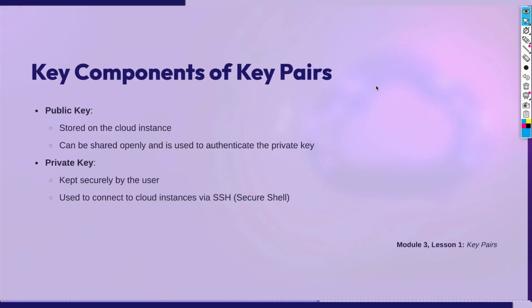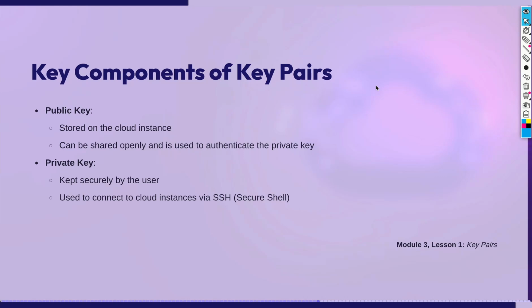Your public key is stored on the cloud instance. The purpose of it is it's used to authenticate the corresponding private key. And you can freely share this without compromising security, all right? Then your private key. Now, your private key is kept secure and secret on your local machine, and this is used to access and authenticate with cloud instances.